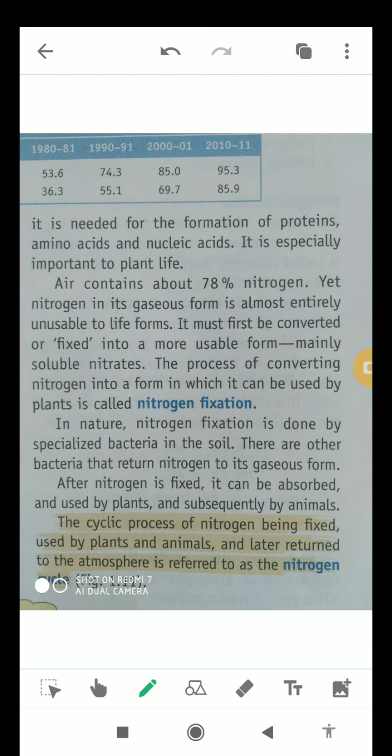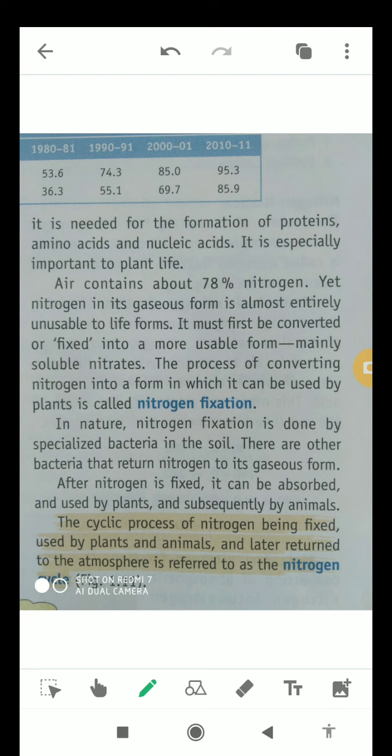In nature, nitrogen fixation is done by the bacteria in the soil. There are other bacteria that return nitrogen to its gaseous form also. After nitrogen is fixed, it can be absorbed and used by plants and subsequently by animals as well.